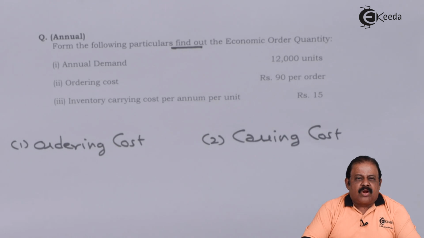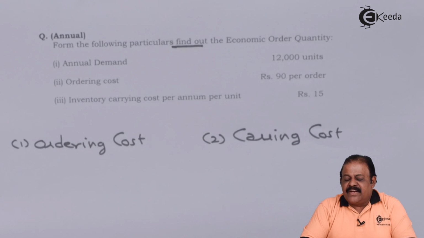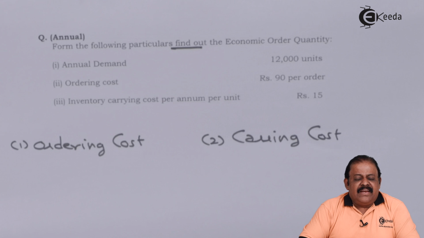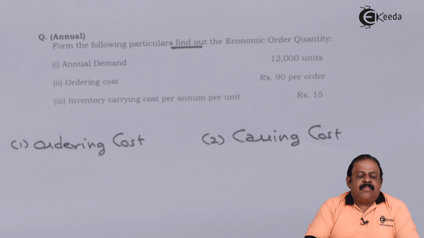Now ordering cost and carrying cost, they are having inverse relationship. If there will be more number of orders, lesser quantity is demanded with each order, there will be lesser carrying cost. If there will be lesser number of orders, in that case bulk purchase will be made, it will in relation then increase carrying cost. So any manufacturer would like to have minimum ordering cost and minimum carrying cost.